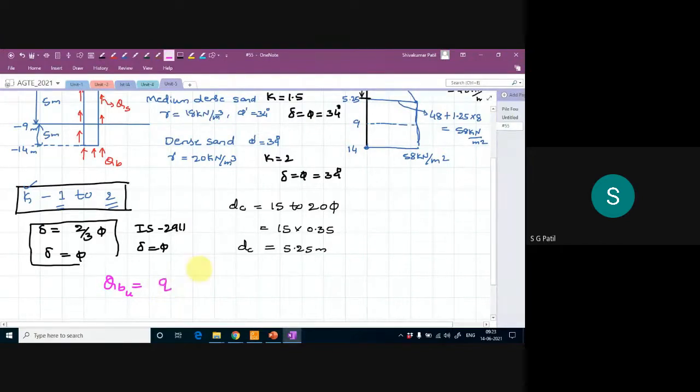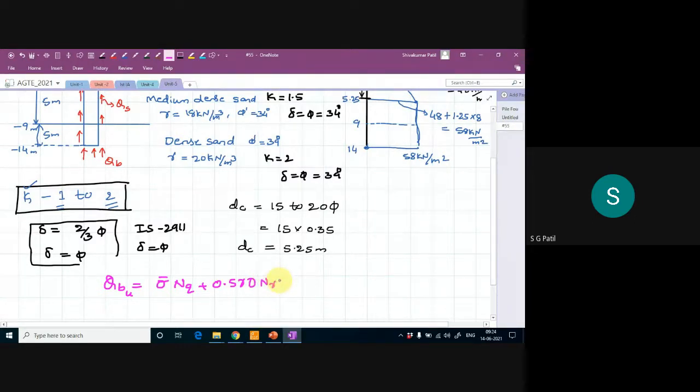Q or sigma bar NQ, sigma bar into NQ plus 0.5 gamma D, where D is the diameter of the pile, into N gamma.